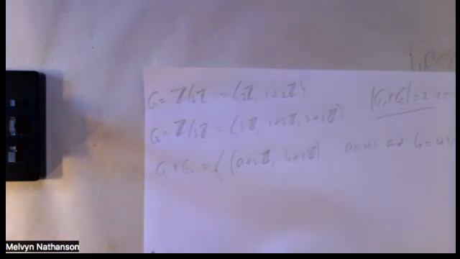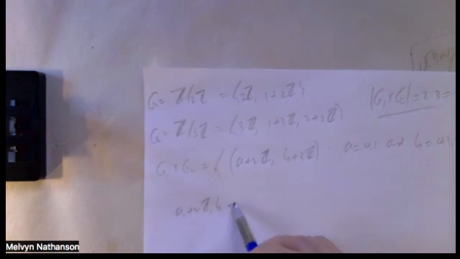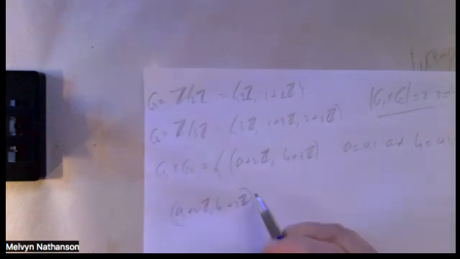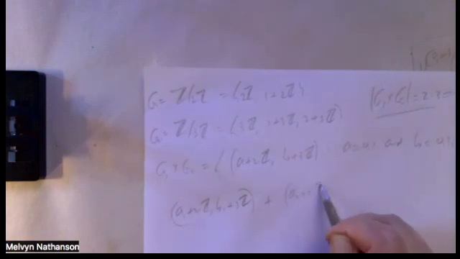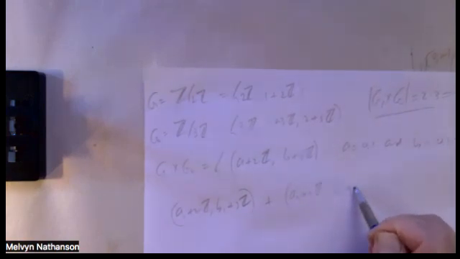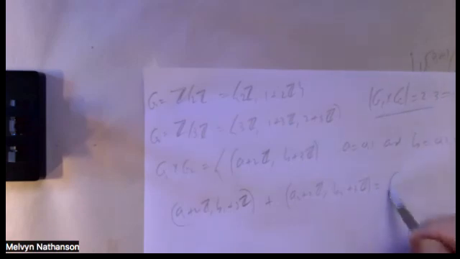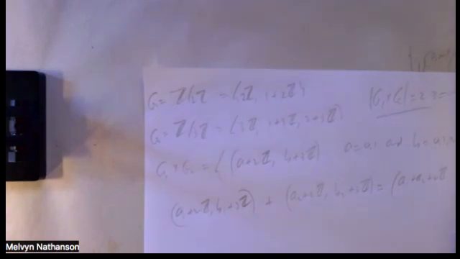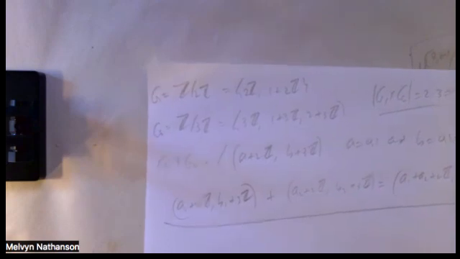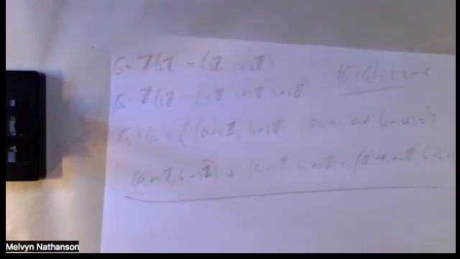And the group operation is as follows. If you have A1 plus 2Z, B1 plus 3Z, you add it to another element of this form, A2 plus 2Z, B2 plus 3Z. That's equal to A1 plus A2 plus 2Z, B1 plus B2 plus 3Z. That's a group.